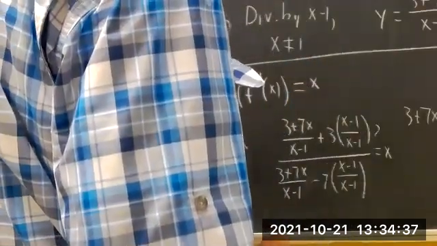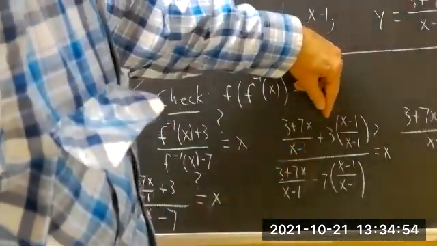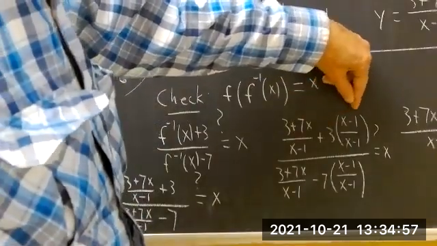So now we have 3 times the x minus 1 gives us 3x minus 3.